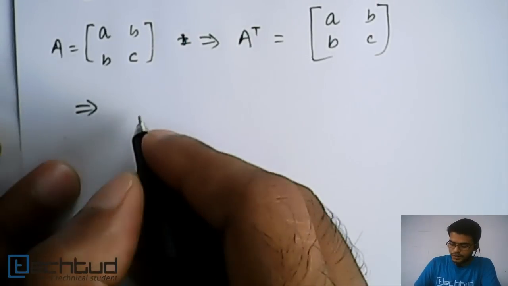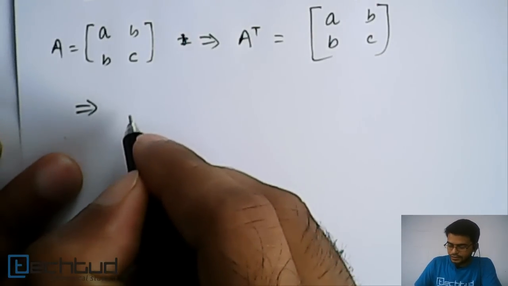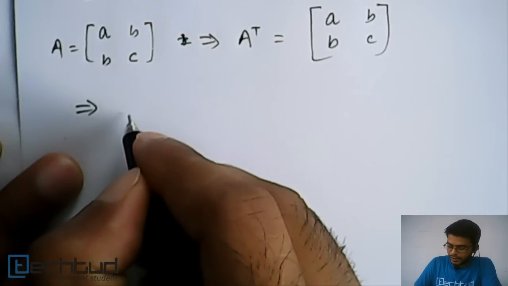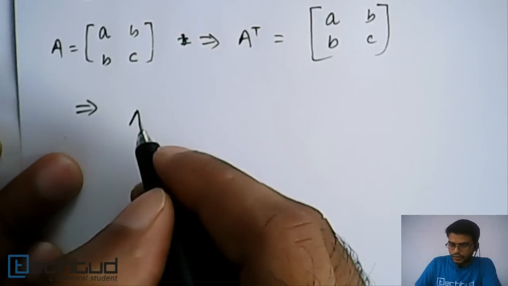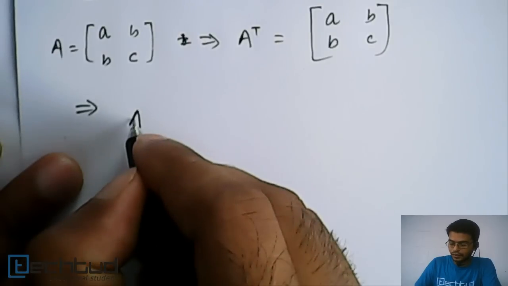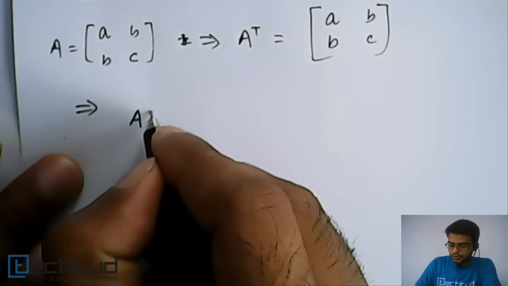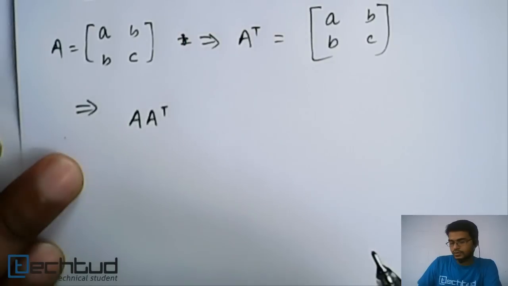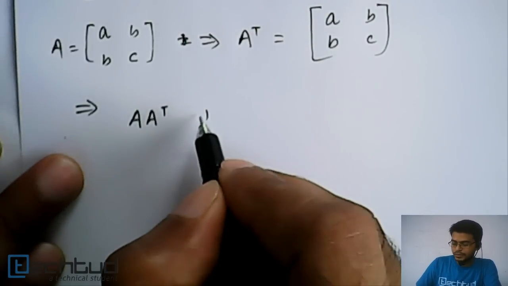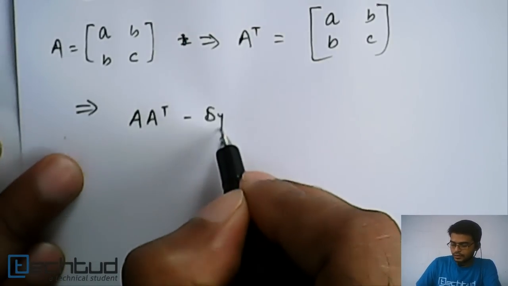So the first one is, if A is a matrix, so for any matrix, let's say A into A transpose will be a symmetric matrix.